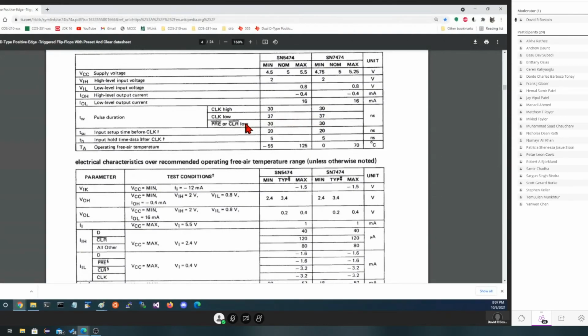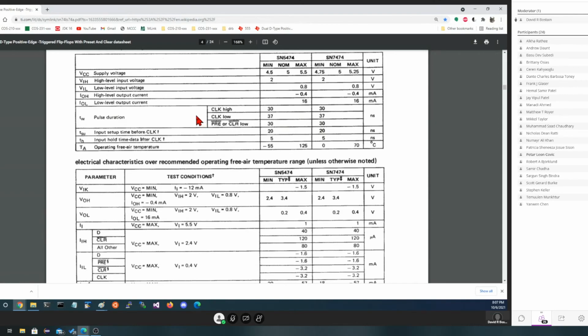If we're going to use preset or clear, we have to hold them low in order to make them work at least 30 nanoseconds before releasing them. This is called the pulse duration of those particular signals.